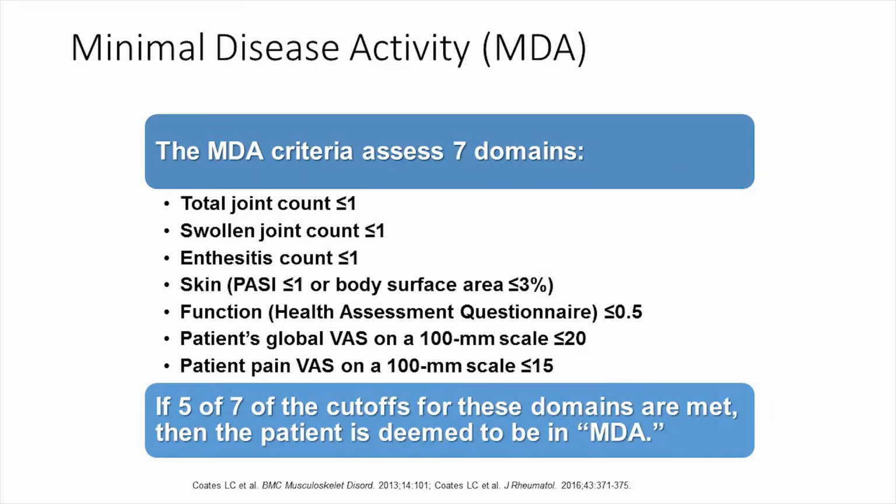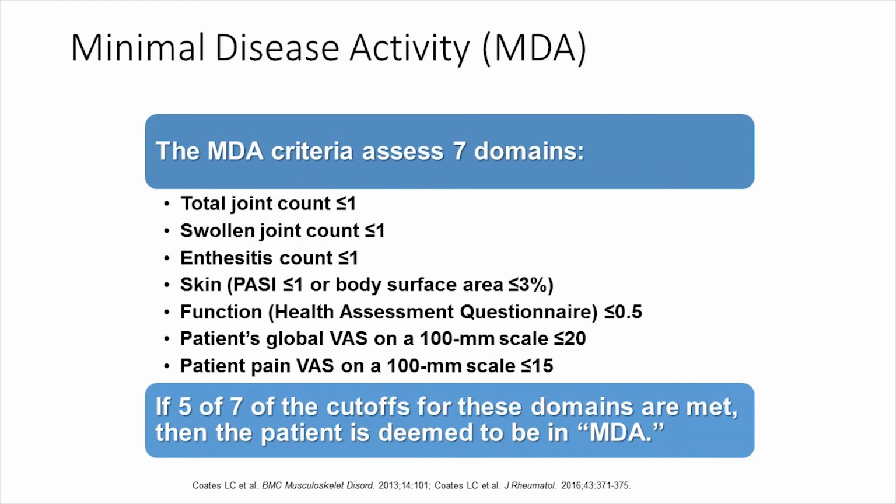What we look for is these 7 domains, and we see if we can hit 5 of these 7. If we do, then these are considered minimal disease activity or low disease activity. So we not only look at joint count, but we look at swollen joint count, enthesitis count.